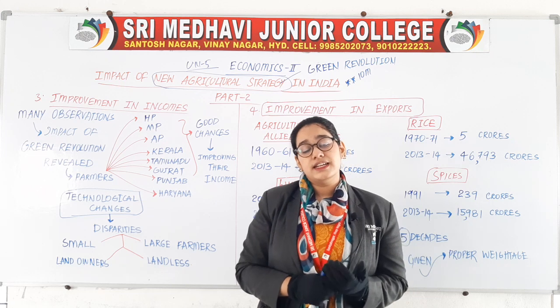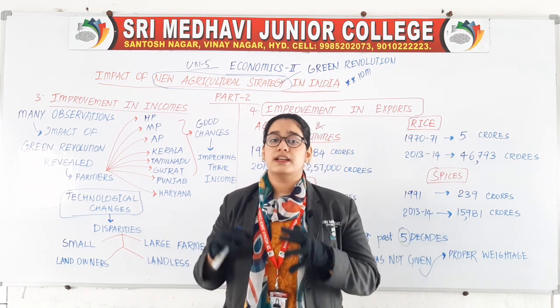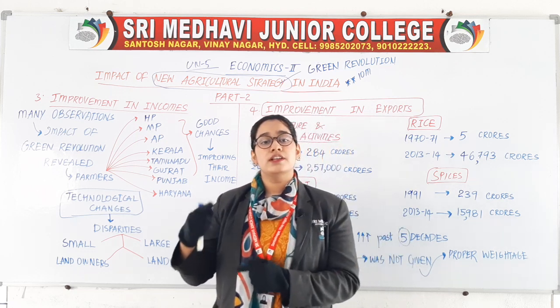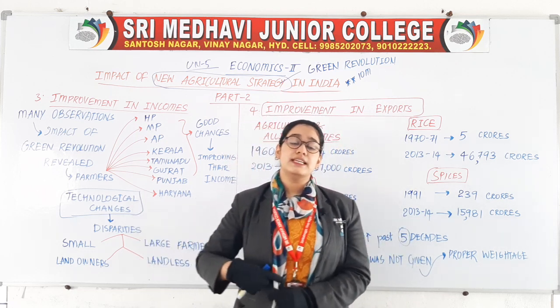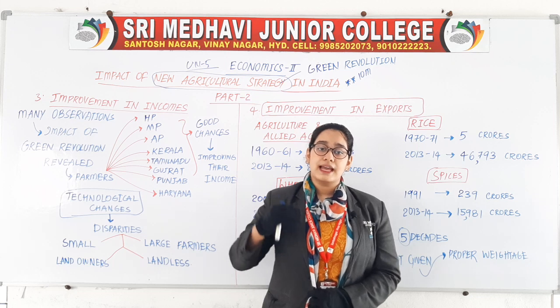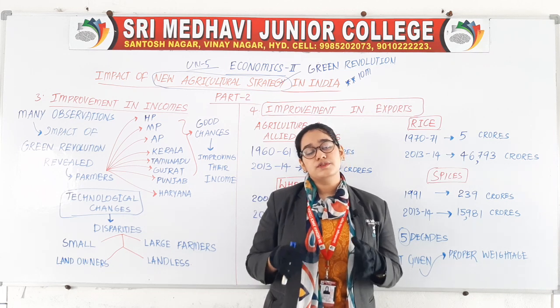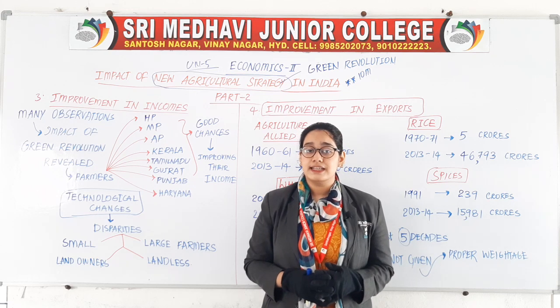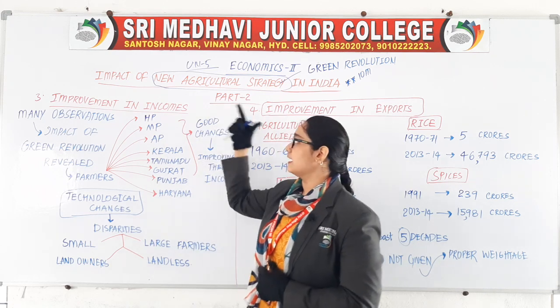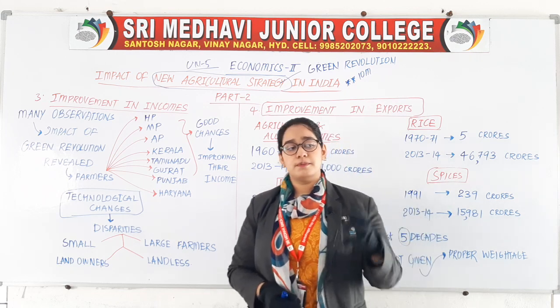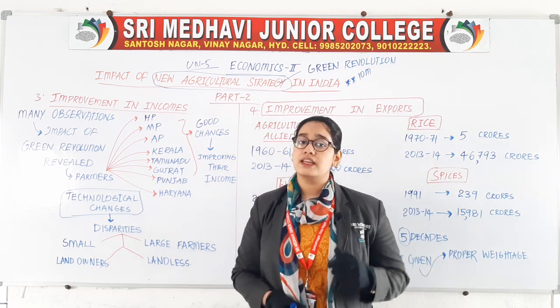Obviously, service sector in the sense you need to operate computers. For that also you must have basic knowledge about how to operate the computer. What are the applications, right? So because most of the people in our country are illiterates, they depend on agriculture. This is a positive point that many of the people are depending upon agriculture.